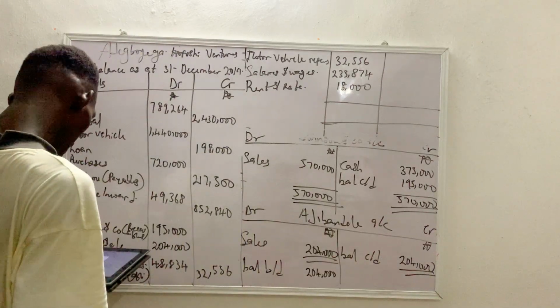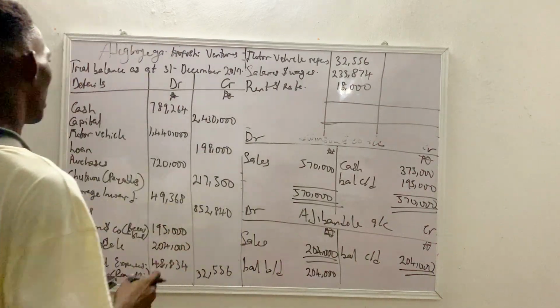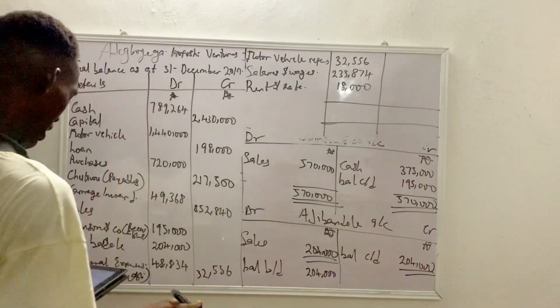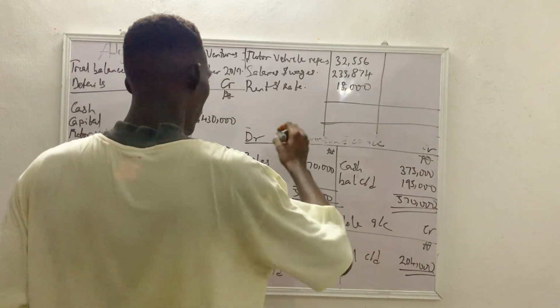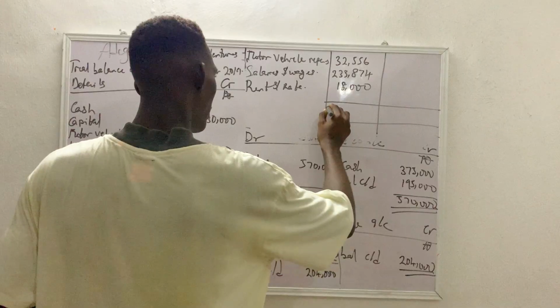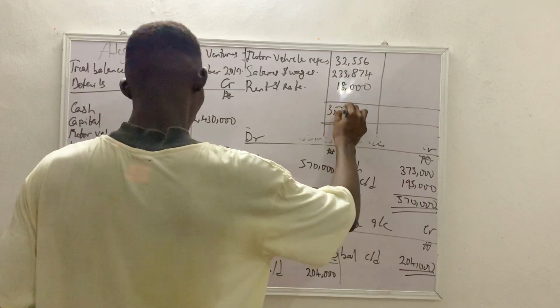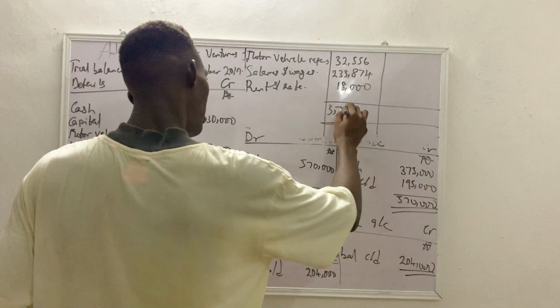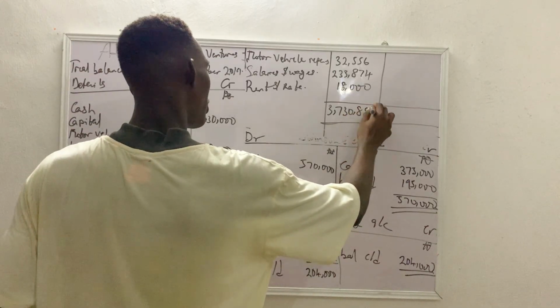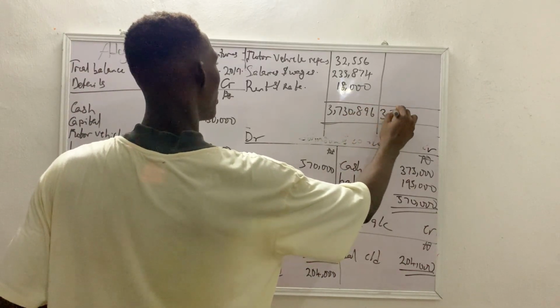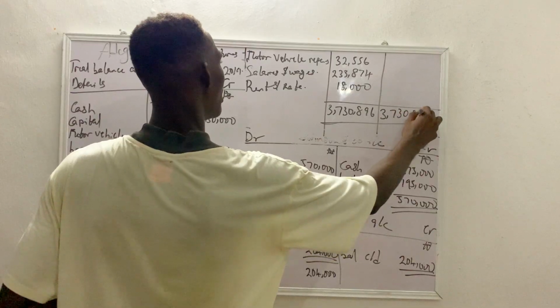Now if we are to total the sum of our debit side and the total sum of our credit side, then we should have the same thing. If not, then there is a mistake. So totaling this would give us 3,730,896.